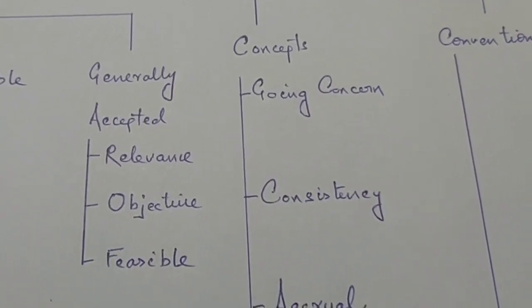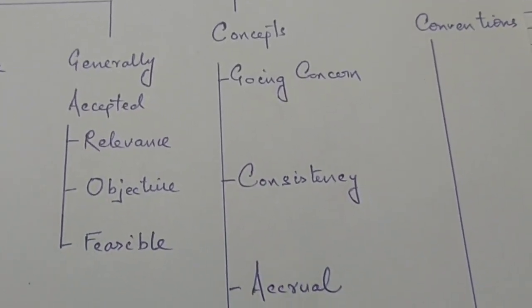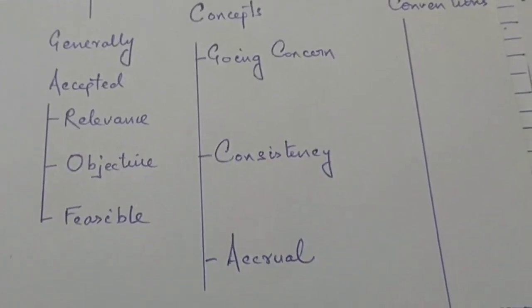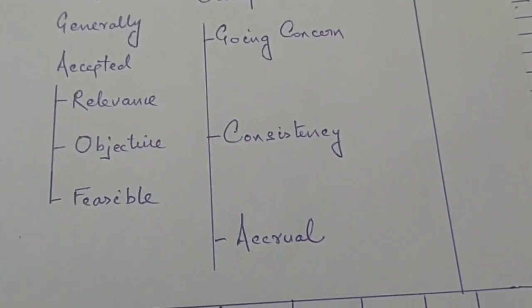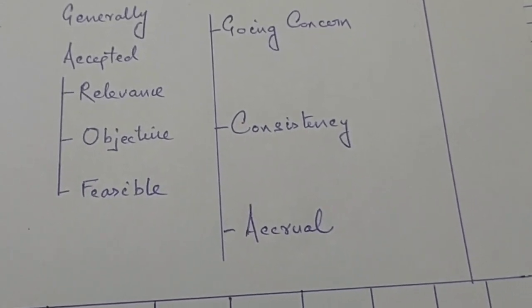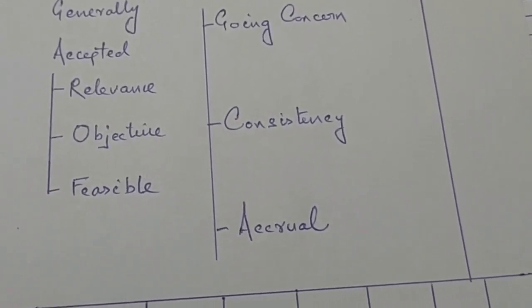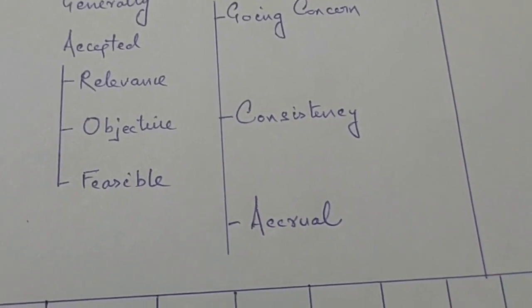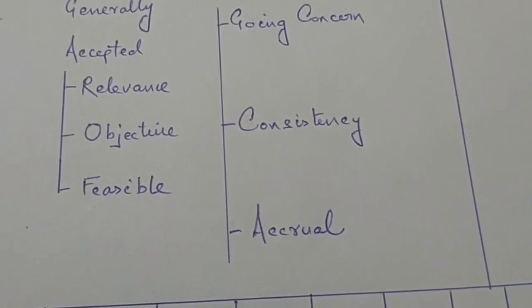Now let us discuss the different types of accounting concepts. As I told you, accounting concepts are the basic fundamental concepts of accounting which can never be changed. The first accounting concept is the going concern concept, or going concern assumption.